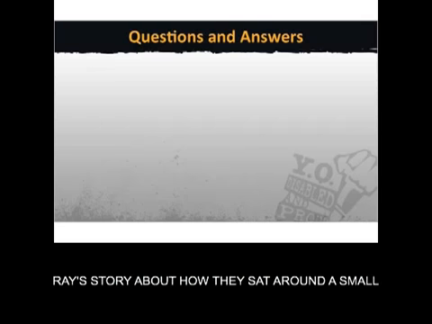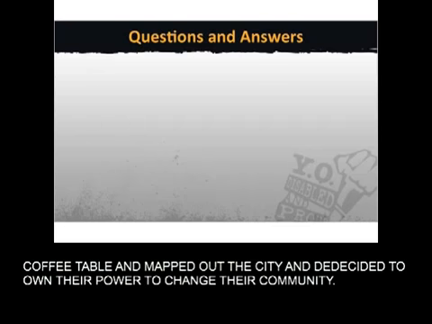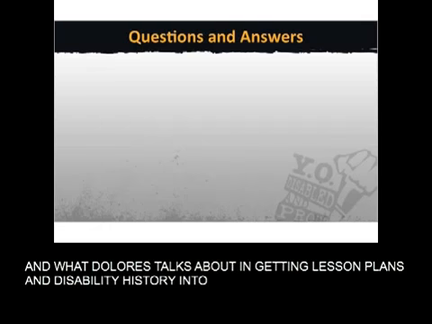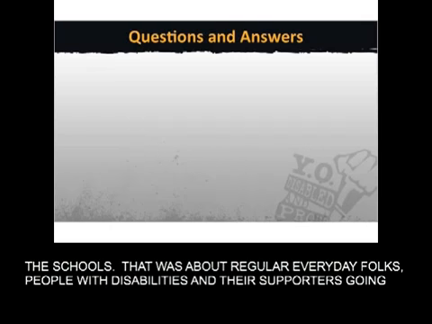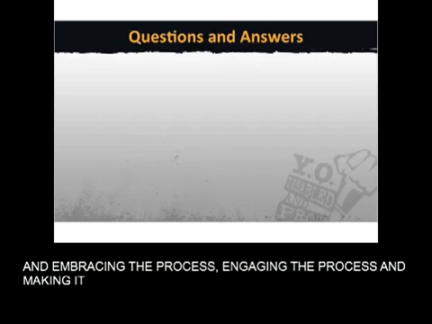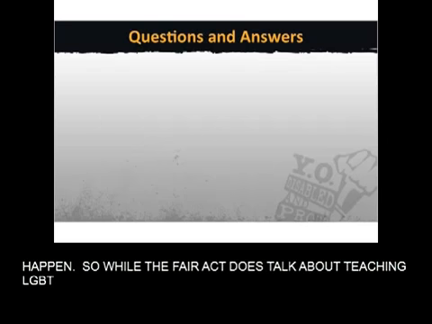I was just thinking about Ray's story about how some folks got around a small apartment coffee table and mapped out the city and decided that they would own their power to change their community. And what Dolores talked about in getting lesson plans and disability history into the schools, that was really about regular everyday folks, people with disabilities and their supporters, going and embracing the process, engaging the process, and making it happen.